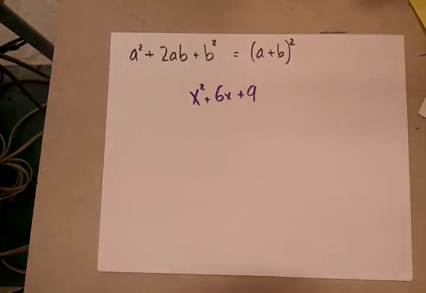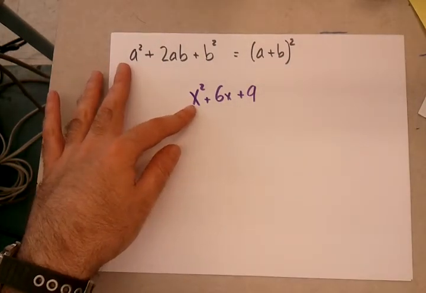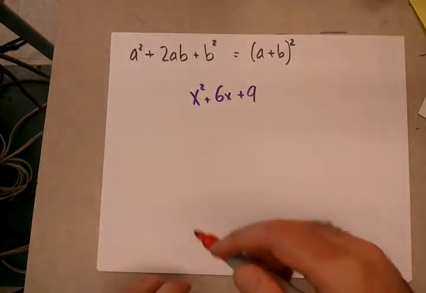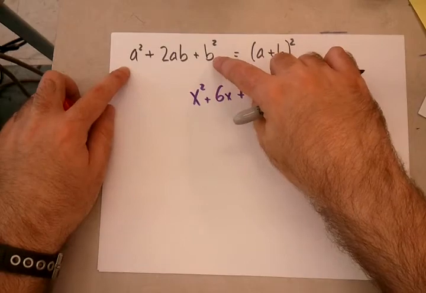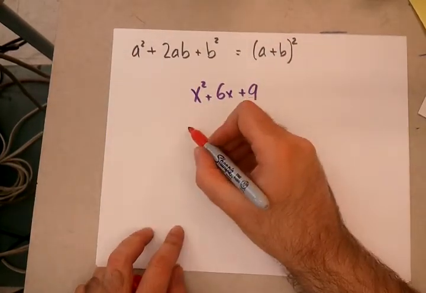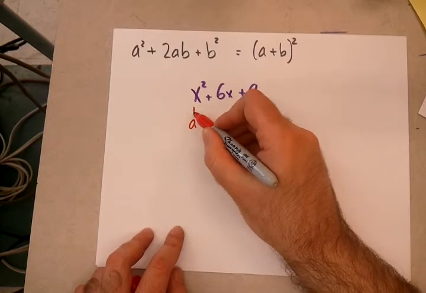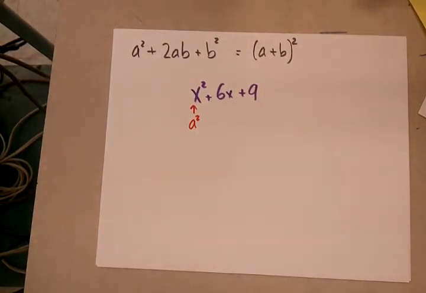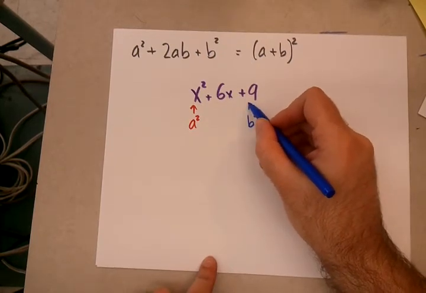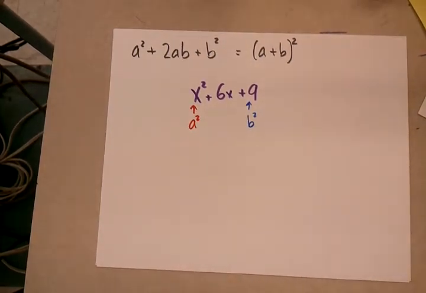So for the shortcut to work, this problem has to be in the exact same format as that. In order for us to do that, we have to see if the A and the B from here work here. So if this problem works as a shortcut, then the A squared has to correspond to this, and the B squared has to correspond to this. Okay, fair enough.